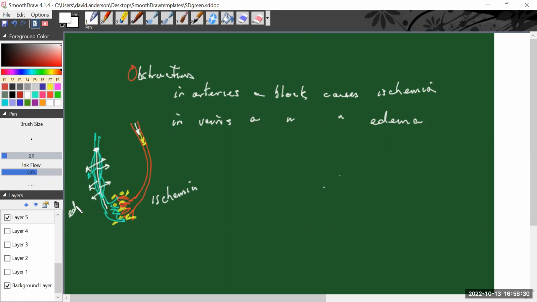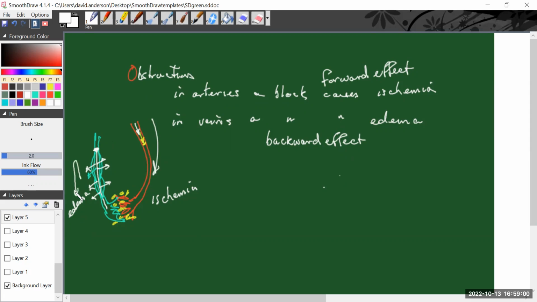So this is describing edema. On the venous side, it's backwards. And on the arterial side, it's a forward effect. Right? Forward, backward. Does that make sense?